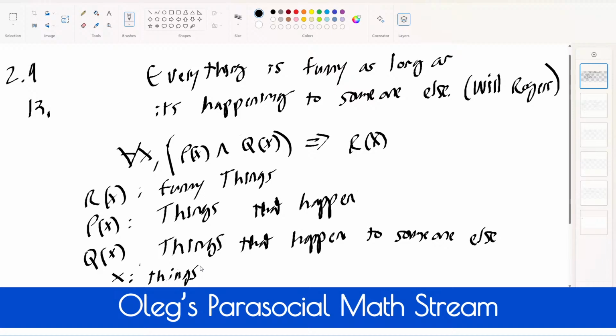So the difference is I defined Q of x as things that happen to someone else. They defined it as M of x. Again, the M doesn't matter. They defined their version of Q of x as x is happening to me, or things. And by defining x here, I can take the word things out now.